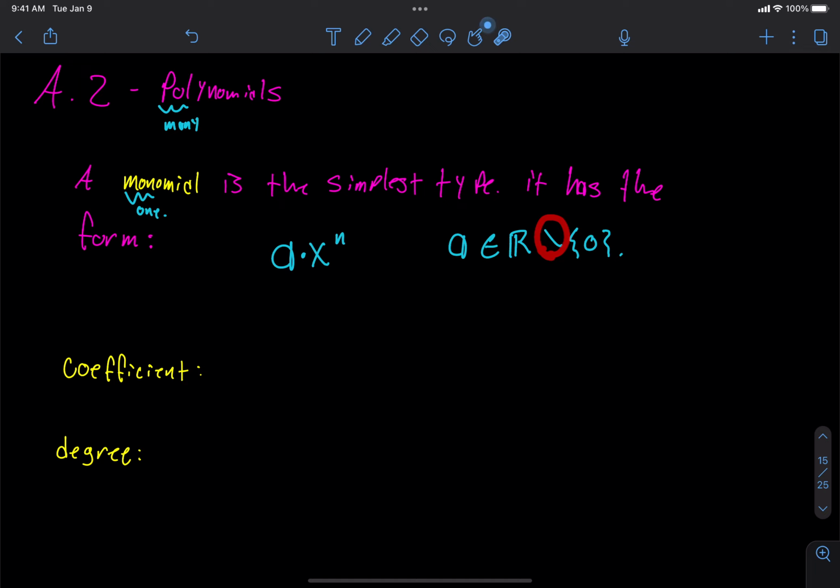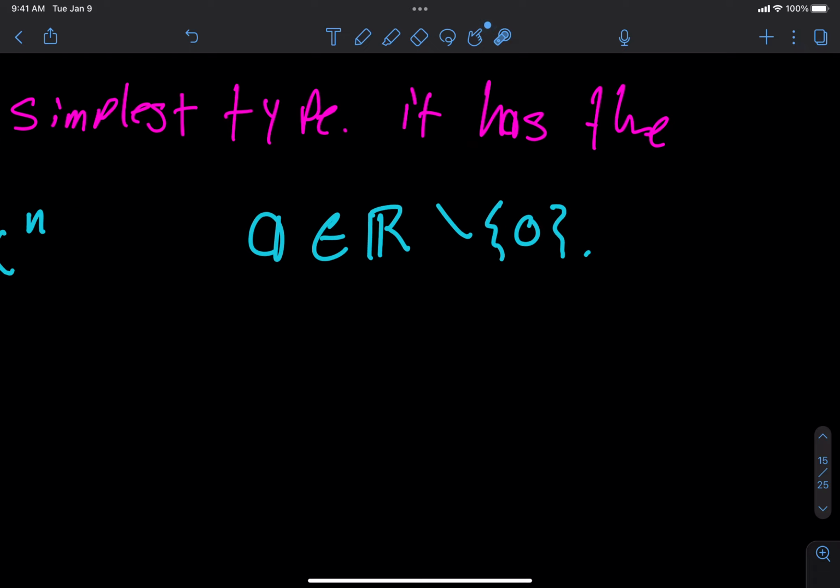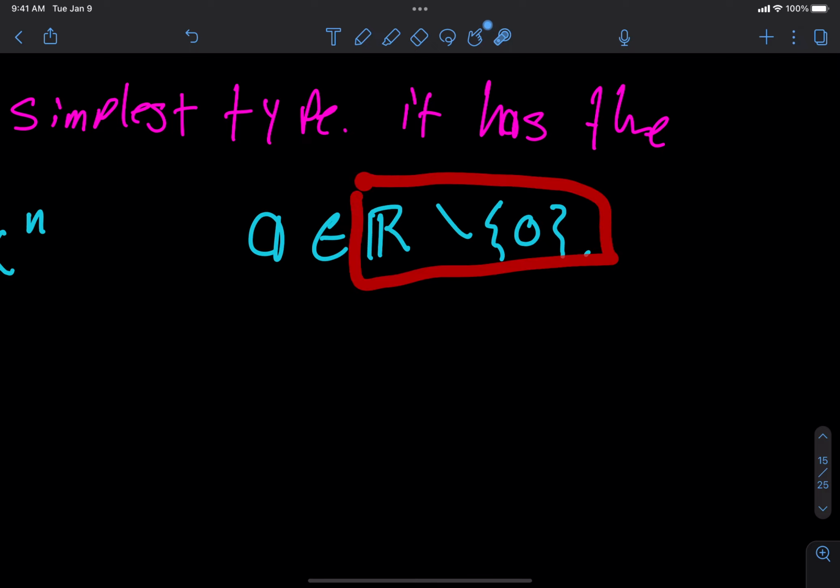It's the symbol we use for removal, or set minus. If I take the real numbers and remove from them the set containing the number 0, then what am I left with? All the real numbers which are not 0.